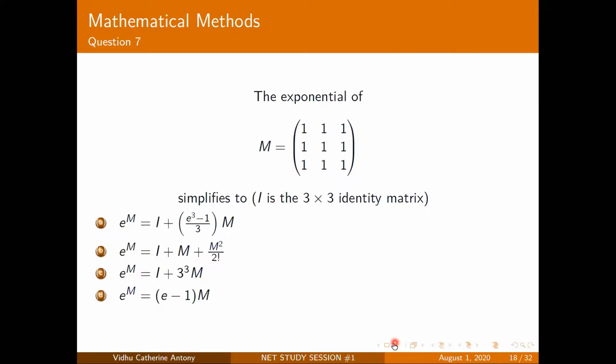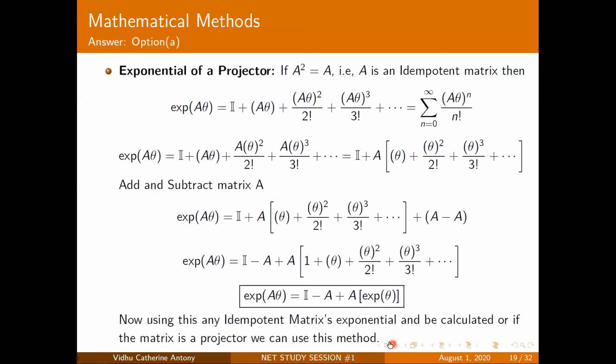Let's look at this. This is finding out the exponential of a matrix using the property of a projector. I'm assuming that the matrix is a projector, and projector basically means A square equal to A. That means your matrix is an idempotent matrix.